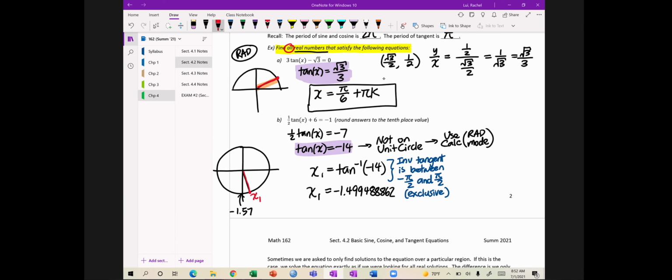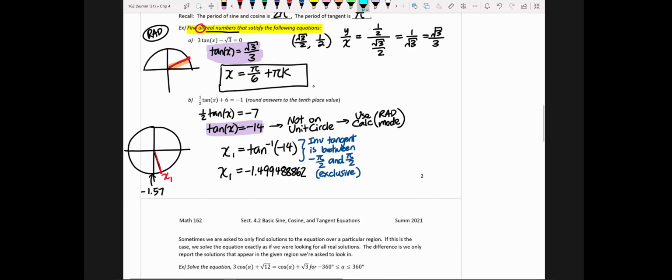And this is what we got from the calculator, inverse tan right here. Okay. However, usually it does ask to give the first solution as non-negative.